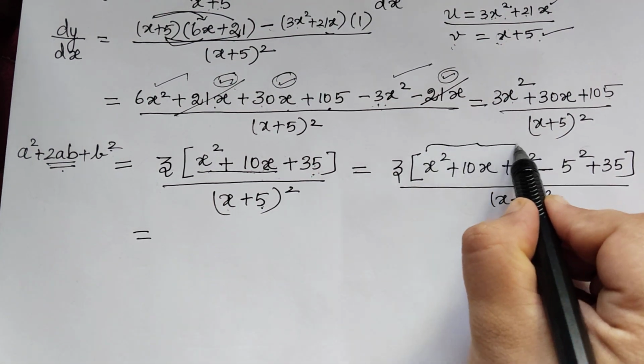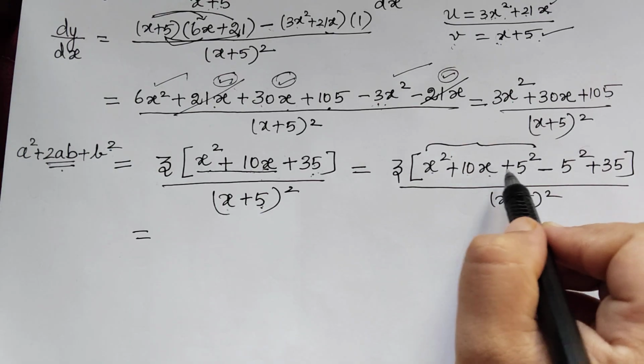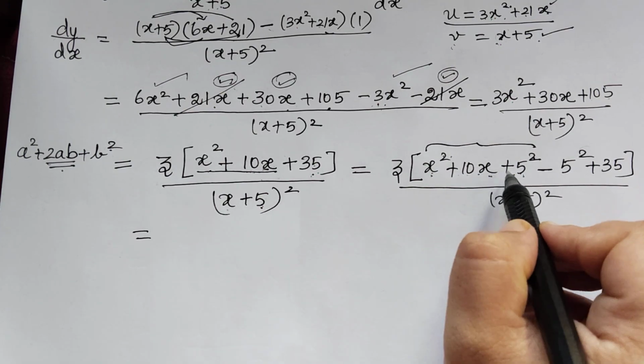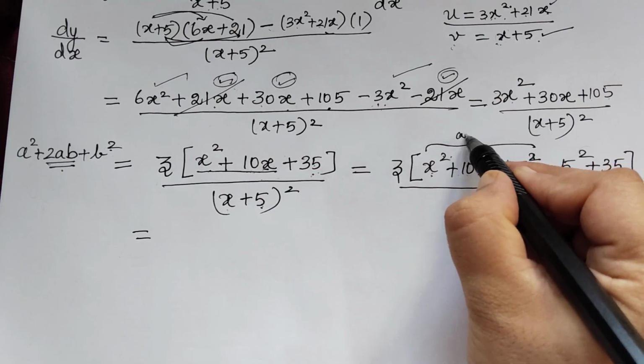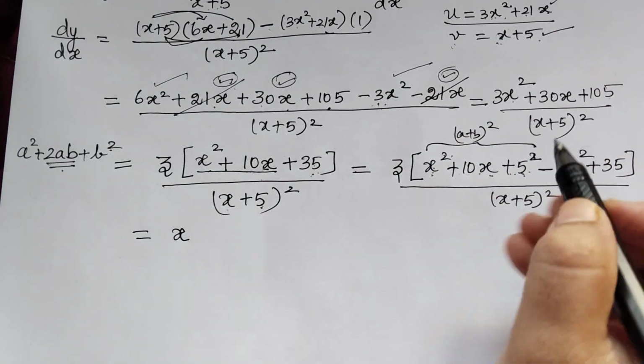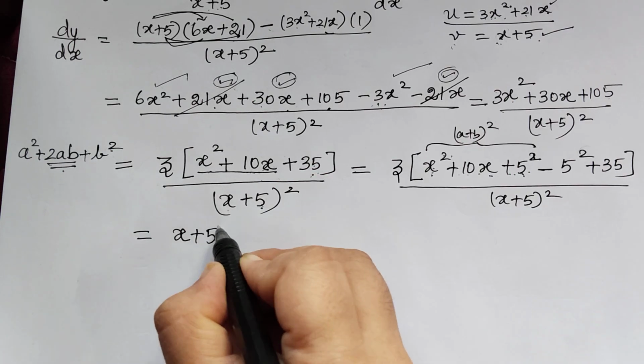Now here we have x square plus 10x plus 5 square, which is like a square plus 2ab plus b square, and the formula is a plus b the whole square. Now a is x over here and b is 5, so we will be having x plus 5 the whole square.